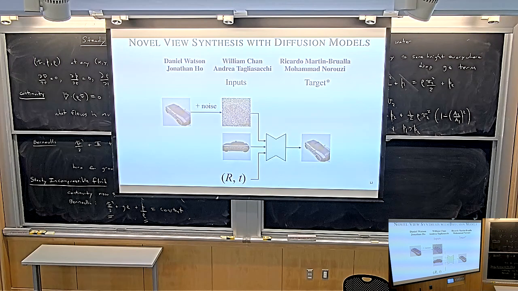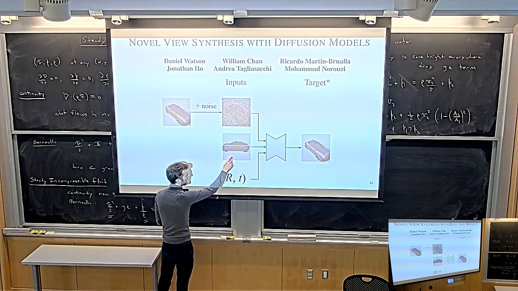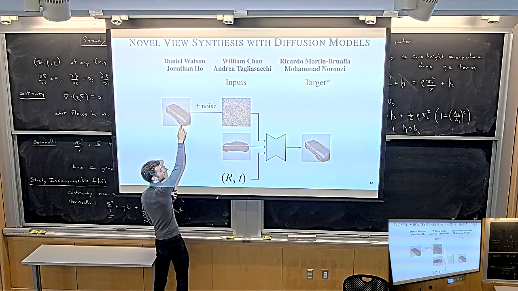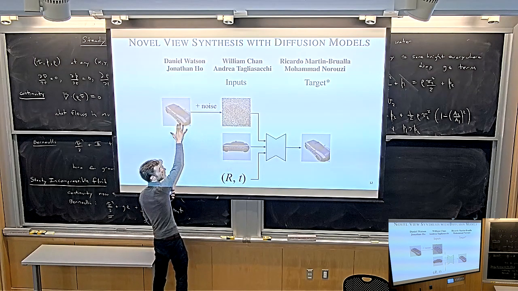So what we want to do is train our model to generate novel views and to resolve the uncertainty in the novel views. In other words, we want to train a conditional generative model. We want to train a model, conditional on a single image, to sample from the distribution of images that you could see from this target pose. So we're going to take a context image from our training set. We're going to get another view of the same object, which we call the target image.